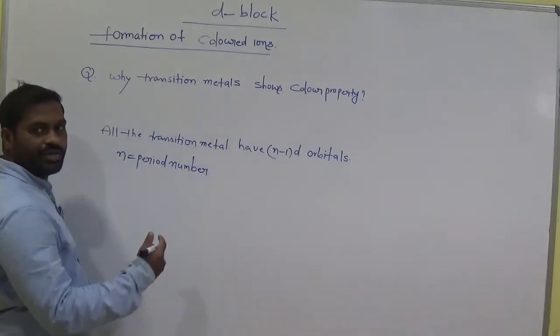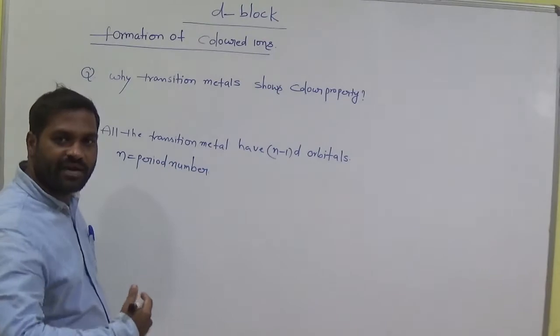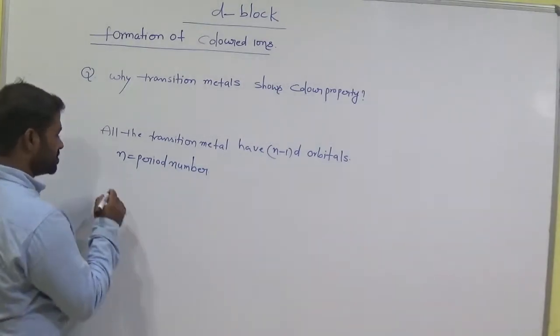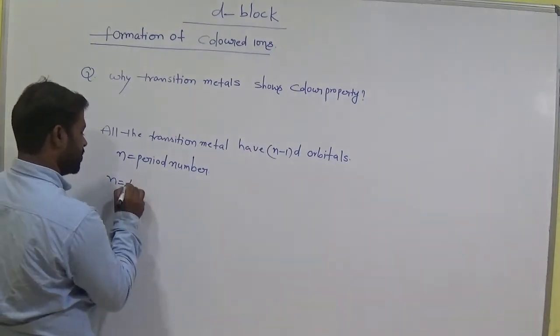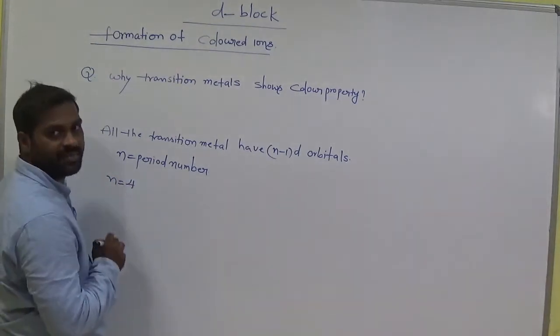We know 3d transition series, 4d, 5d. Suppose here n is equal to 4, that means the fourth period in the periodic table.